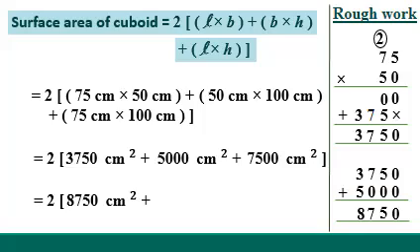Now we will copy 7500 from above step as it is. 7500 centimeters square, and we are going to put the closing square bracket as well.